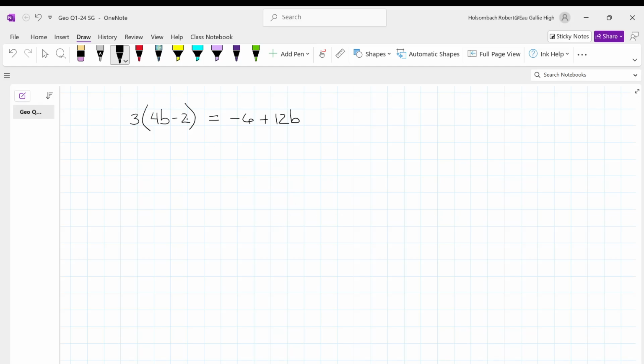So we're going to do the distributive property first on the left side. We've got our 3 times 4b is 12b minus 3 times 2, which is 6, equals negative 6 plus 12b.